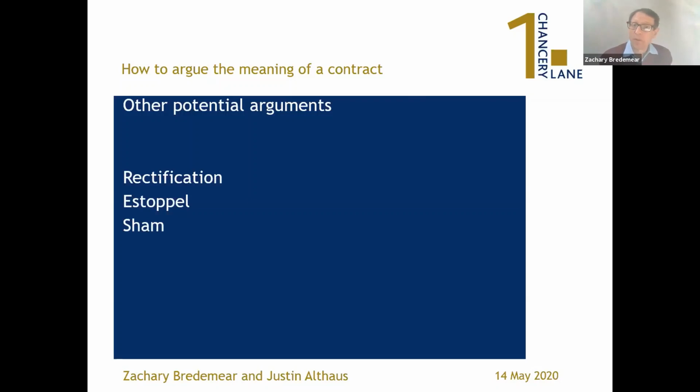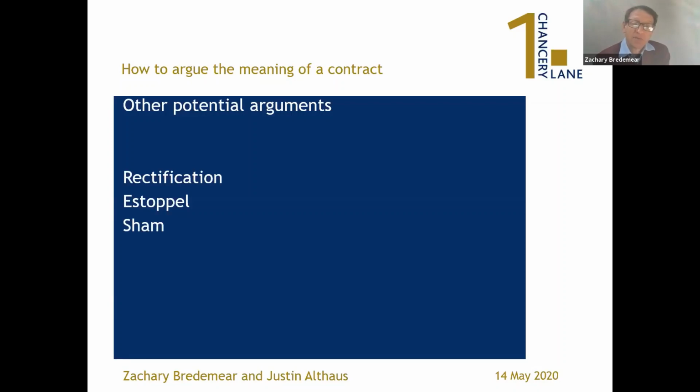And before the webinar, we had a question about whether it would always be appropriate to argue rectification. And it seems to me that really the question is, what would be the circumstances where you would not want to run rectification as well, assuming that you had a reasonable argument of rectification.